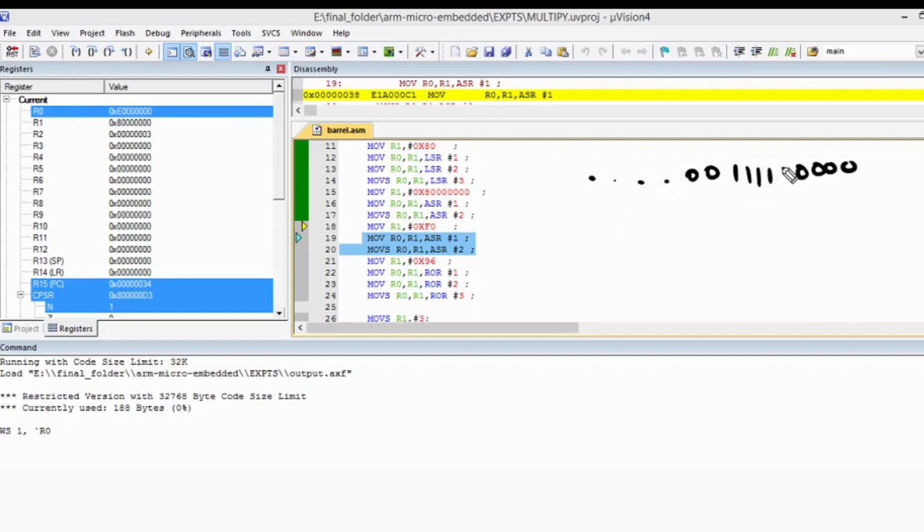This is our initial value, all these bits will be 0. The only thing that will happen here is this will be shifted right, exactly similar to logical shift right. In the first case it will be 1 1 1 1 and so on, which is 7 8, and in the second case it will be 1 1 1 1 0 0, which is 3 and C. Let's see that happening.